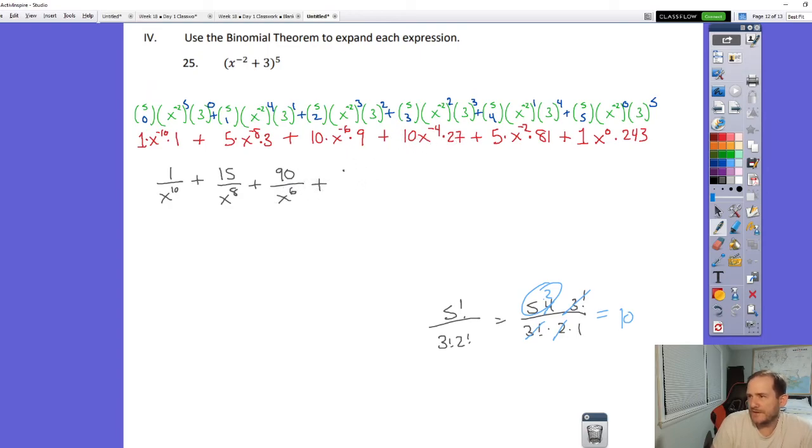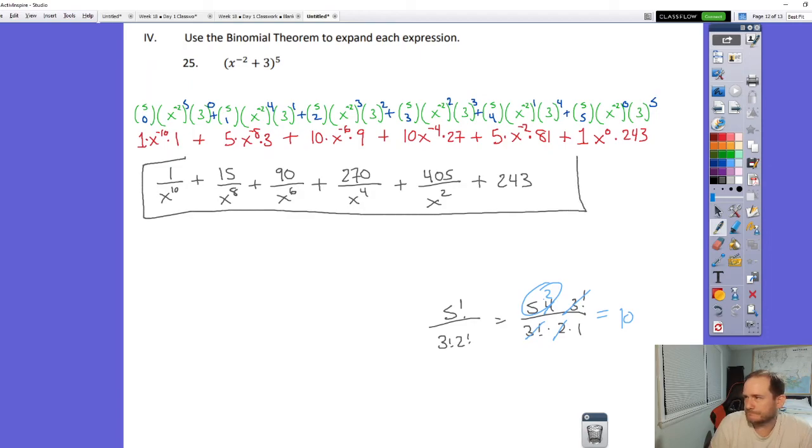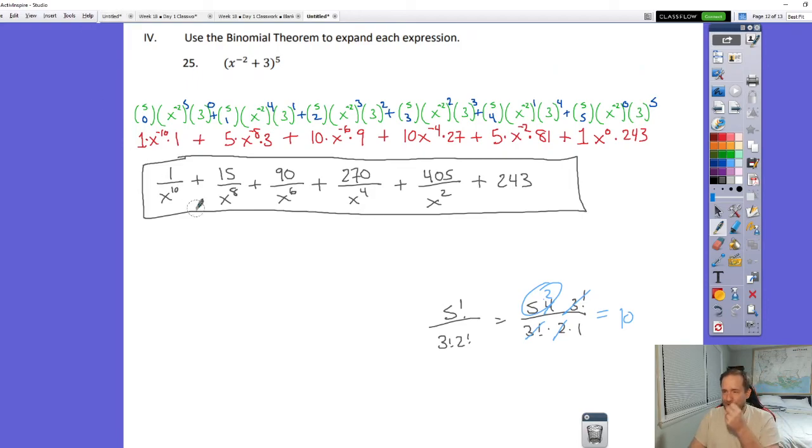This is 270 over x to the 4th. This is 405 over x squared. And then lastly, just 243. Box it up. So I would give my answer like that.